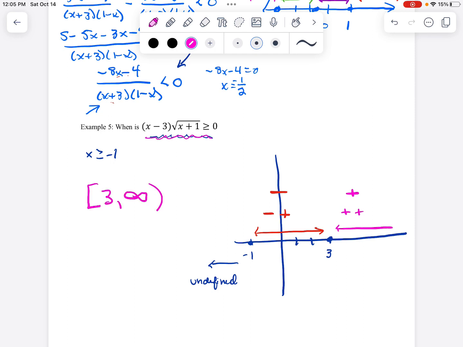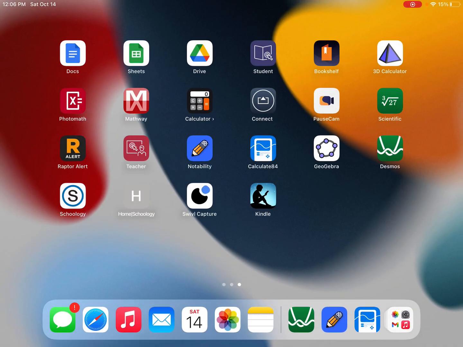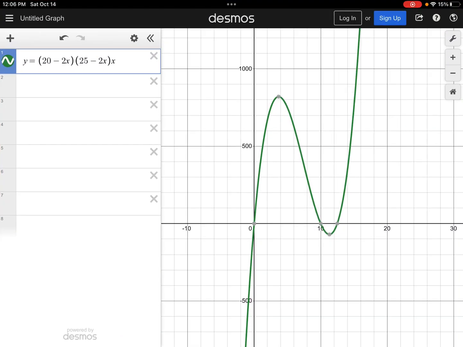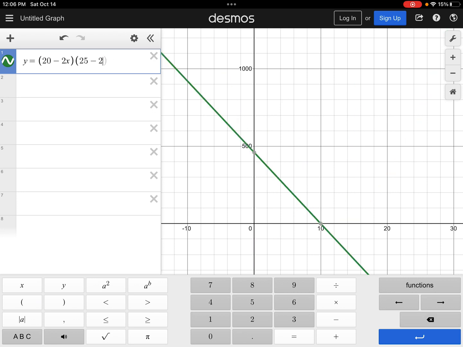And now just looking at that, I have no idea what this function looks like. It kind of makes me want to go look. So I did. I actually plugged it in, because when I first saw it, I was like, I don't know what it looks like. So let's plug it in.